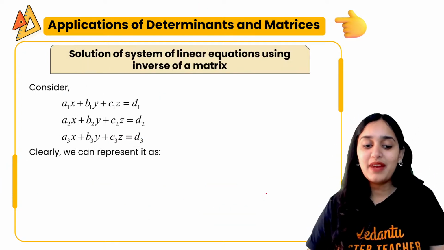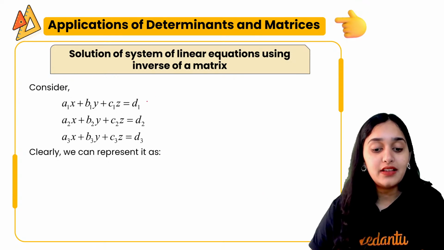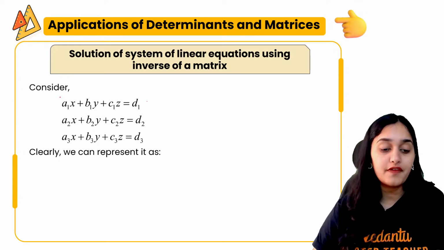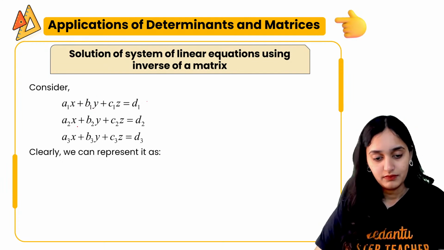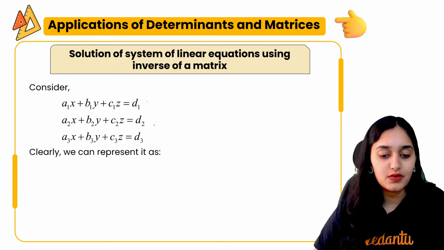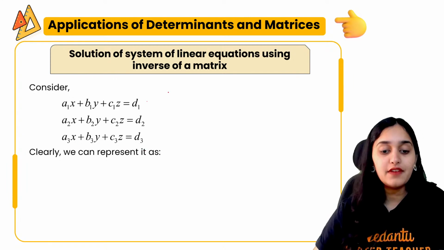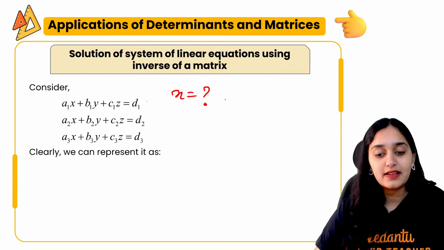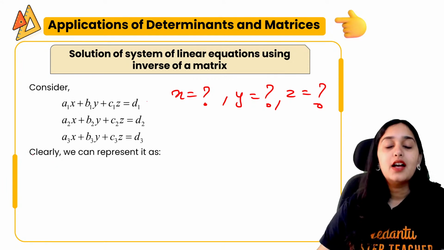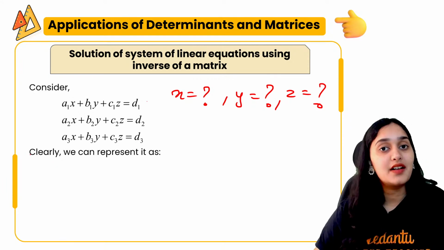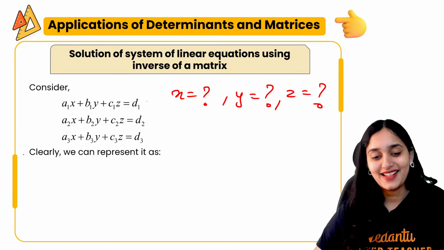Okay, so basically if you have 3 linear equations of the form a1x plus b1y plus c1z is d1, a2x plus b2y plus c2z is d2, a3x plus b3y plus c3z is d3, and if you want to know what is the value of x, what is the value of y, what is the value of z that satisfy all the 3 equations, then we can use determinants to find this. How?